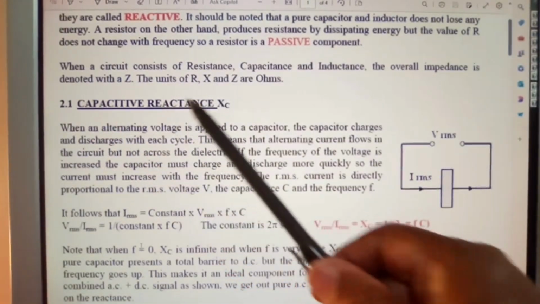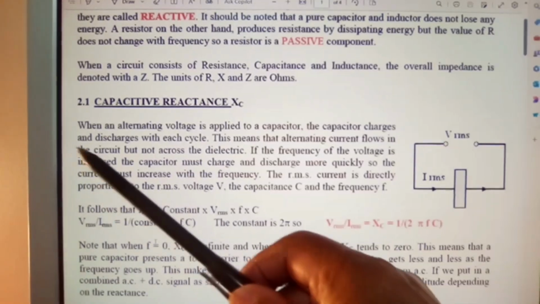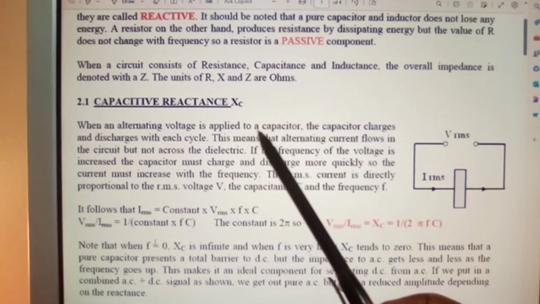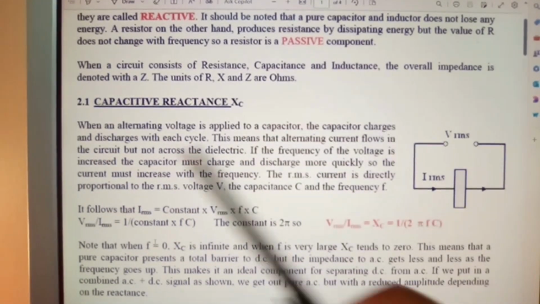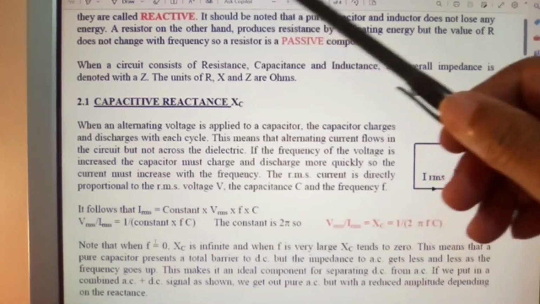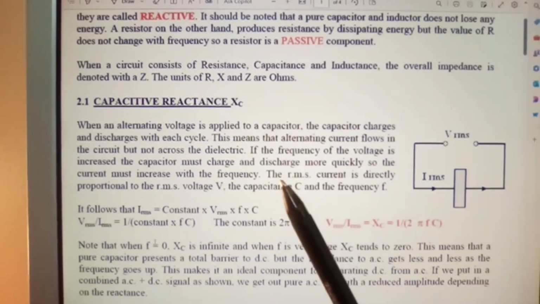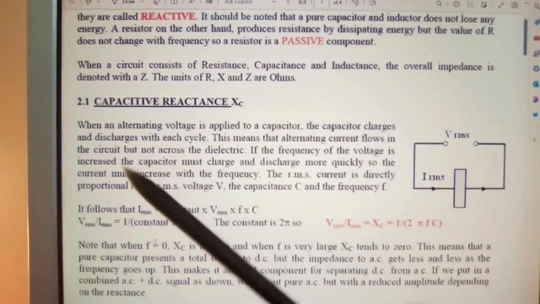Now capacitive reactance XC. When an alternating voltage is applied to a capacitor, the capacitor charges and discharges with each cycle. This means it goes fully charged, then it discharges, fully charged, and then discharges, because of the alternating frequency of the AC supply.